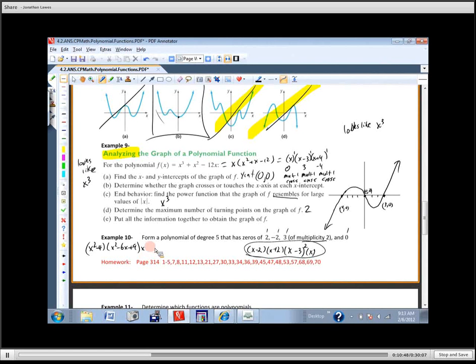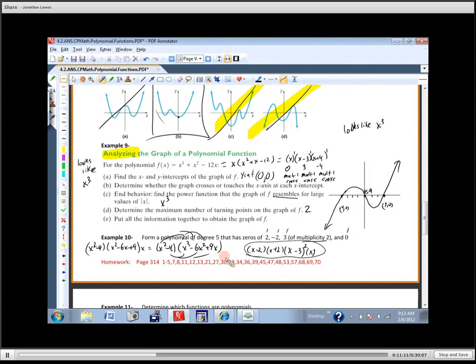So I would take x squared minus 4 and multiply it by x cubed minus 6x squared plus 9x. I'd multiply all of these out and collect like terms and that would be the answer. So I'd multiply all those together.